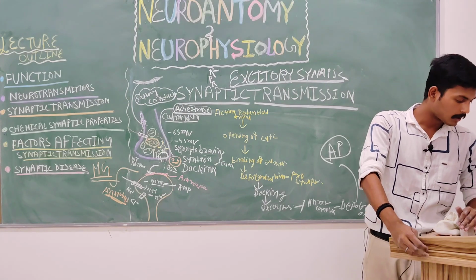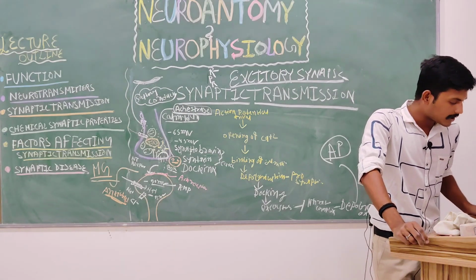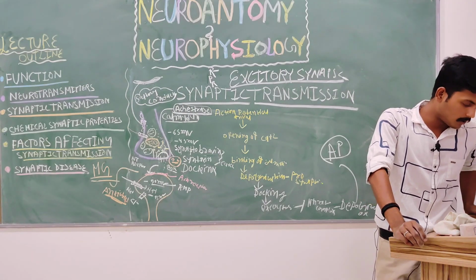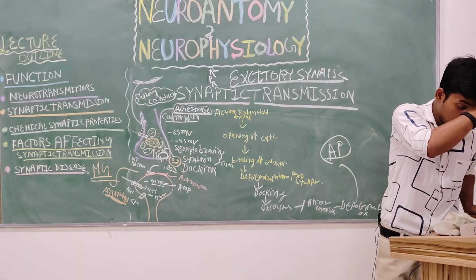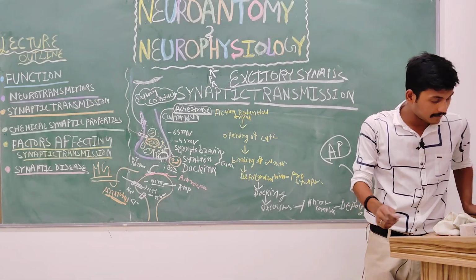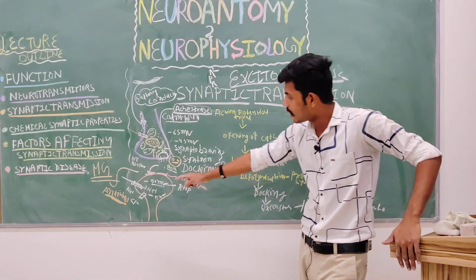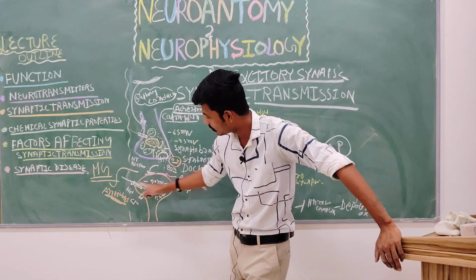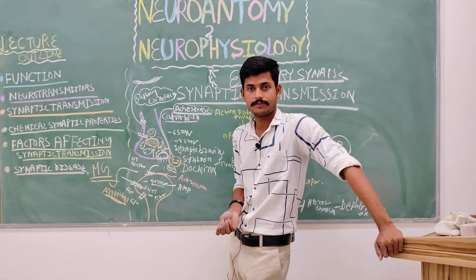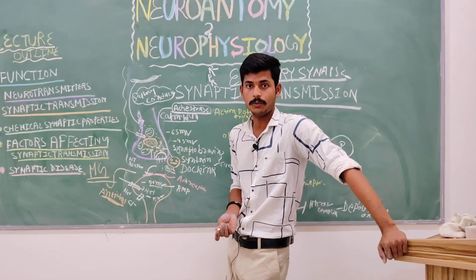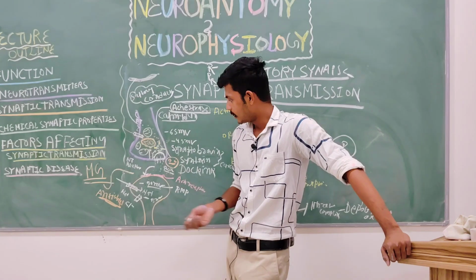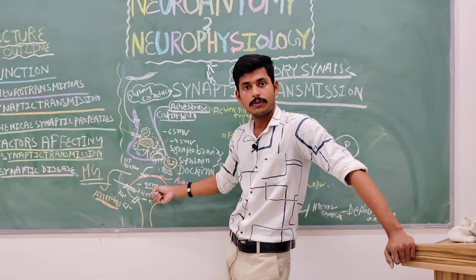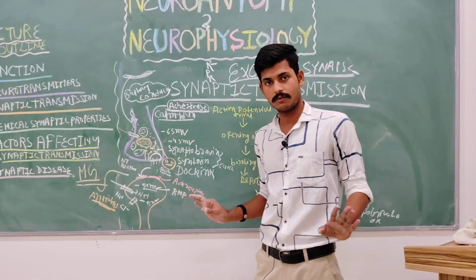The only thing to correlate here is the inhibitory function. What is happening in the inhibitory function? In the postsynaptic membrane there will be an influx of chloride ions, and chloride ion, you know, is negative. So it becomes inhibited.